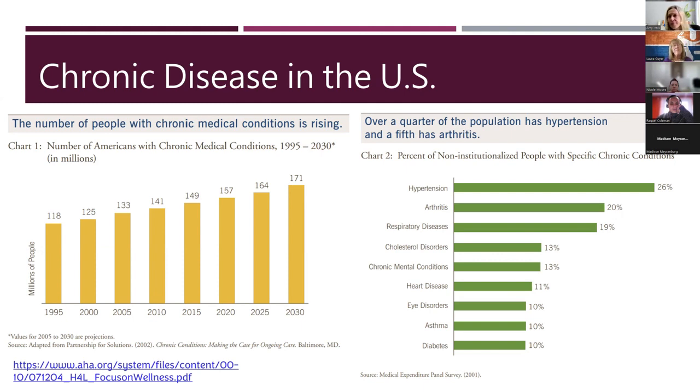And the people with hypertension, that is still the leading chronic disease in America. More women live with osteoarthritis, and there are more than 100 different kinds of arthritis that people live with here in the US.